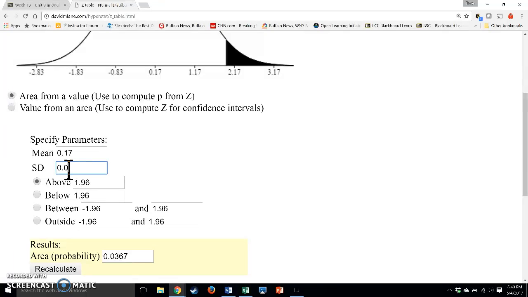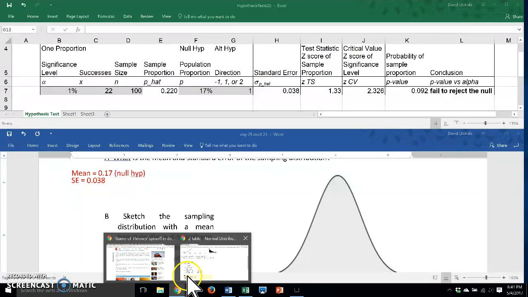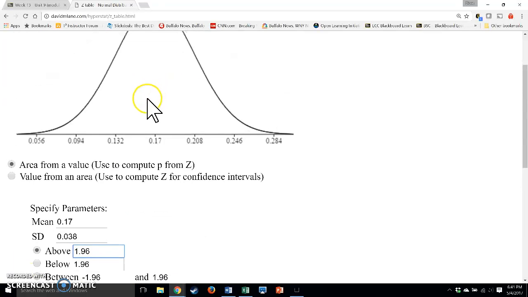Standard deviation was 0.032. I don't remember, so let's go back to the number. It was 0.038. Yep. Okay, so I have to go back and fix that. All right, and then we hit enter. And here is our curve with the standard error built in.